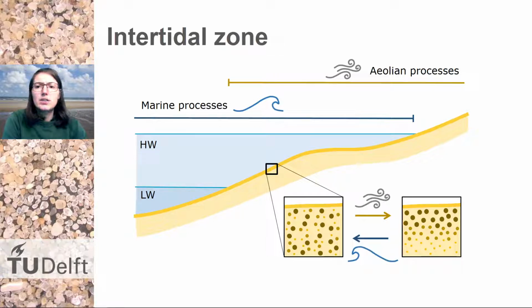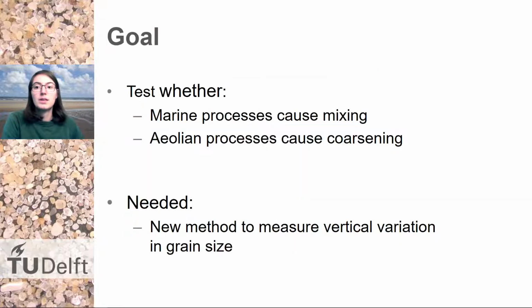This can cause the grains at the bed to be mixed and become more uniform. In this study, we want to test whether these assumptions are correct, whether marine processes really cause mixing and aeolian processes really cause coarsening.